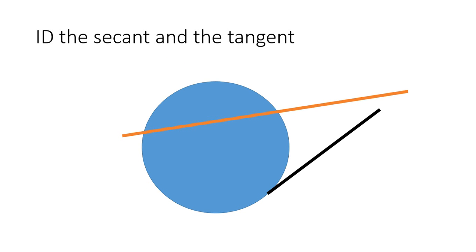So let's say we have these two lines here. We'll label this one D, and this one E. Now looking at these, take a second. Which one is the tangent line?